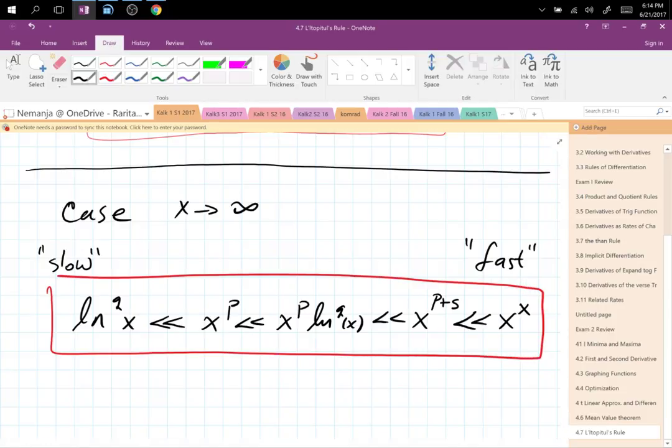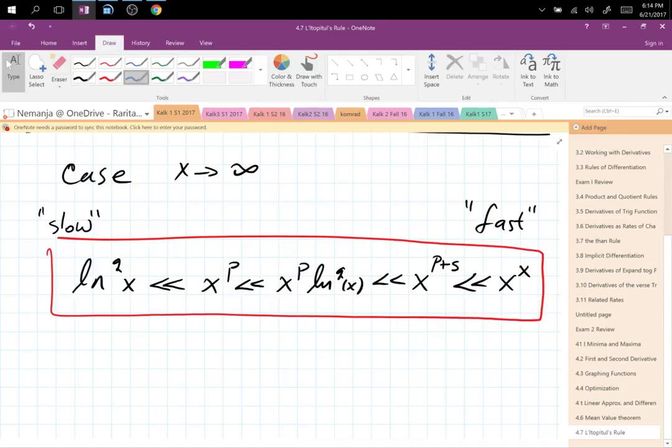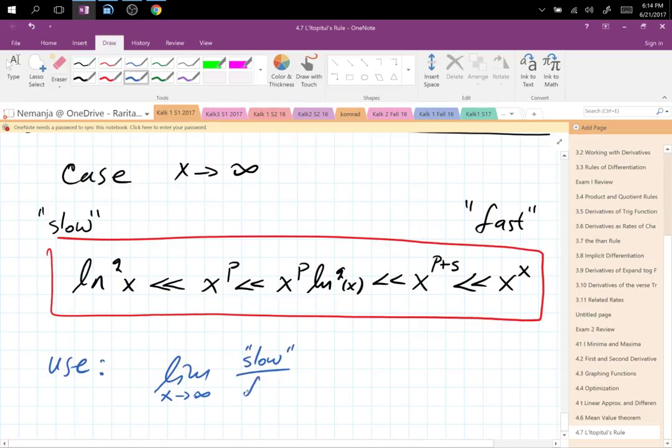The way we use this is, if you have the limit as x goes to infinity of "slow over fast" (I put quotation marks to get the message across), you get 0.